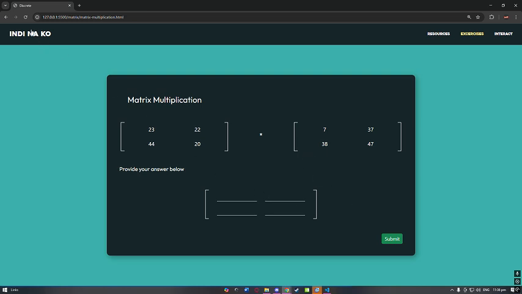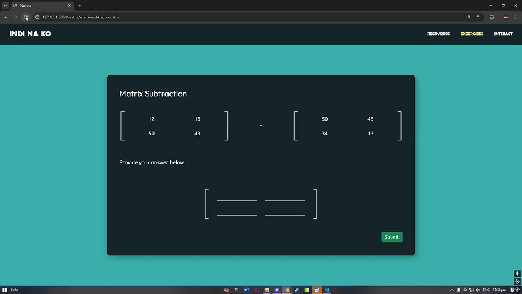The numbers are also randomized. So let's say here, if I reload the page, it will generate random numbers.